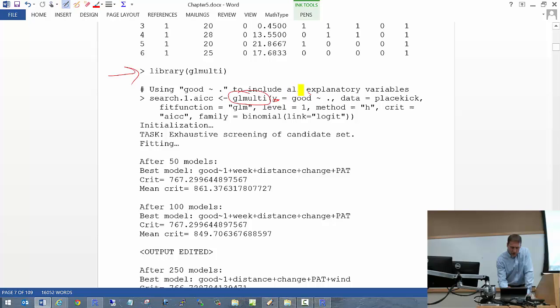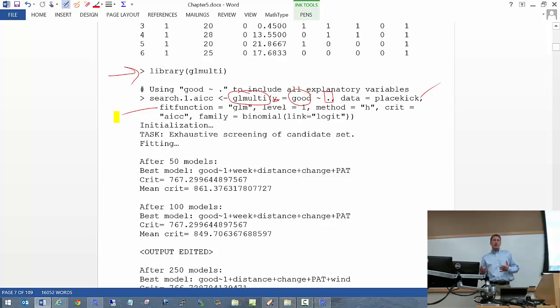Well, I'm interested in using good as my response, tilde, and I could simply write out all 8 explanatory variables, separated by plus signs. A quicker alternative is to simply use a period there. What that tells R is to use all the other variables in your data set. So it's just a quick way to do it, and it comes in handy in this kind of situation. My data is in placekick.